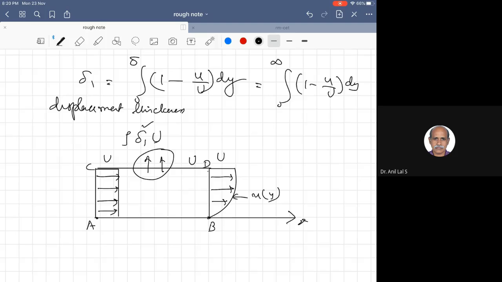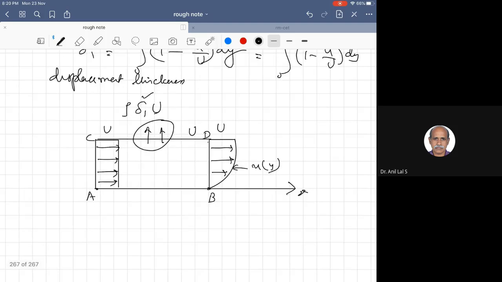So what is the momentum entering the control volume ABCD?